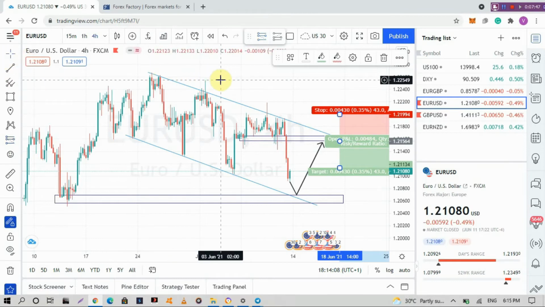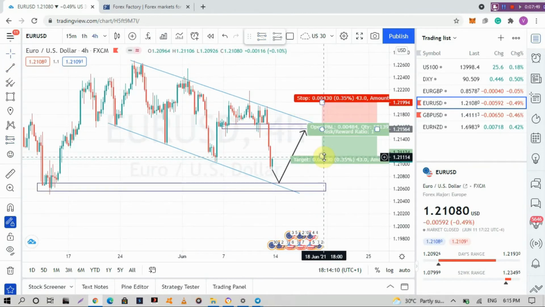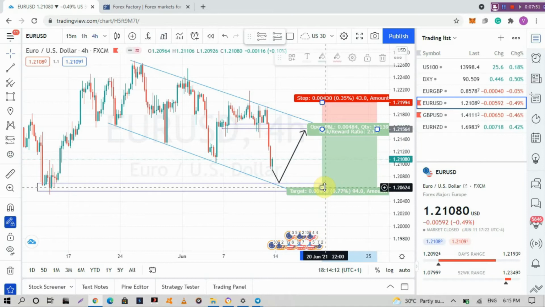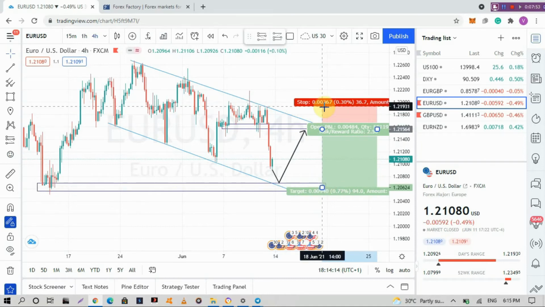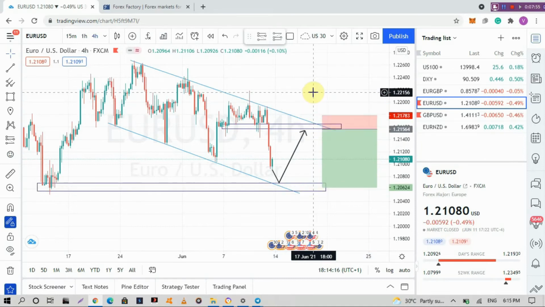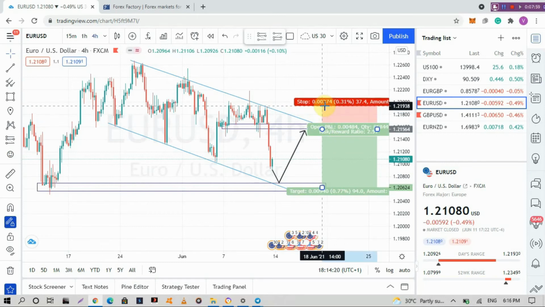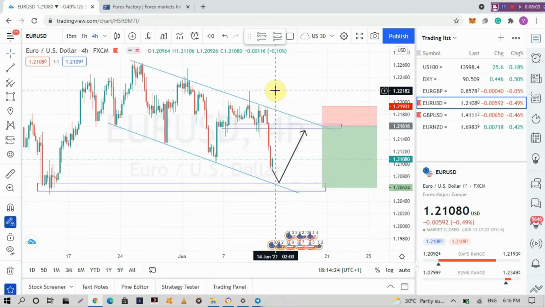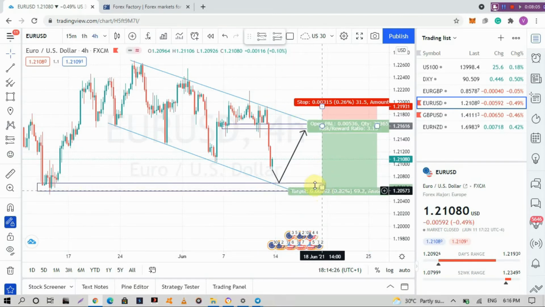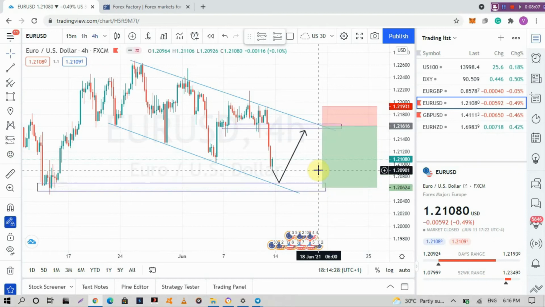Remember, we have a strong news week ahead, so it might fail this move I'm expecting. From this I'm just going to put my stops above the previous highs, and I'm aiming for a decent 1 to 3 risk reward ratio.